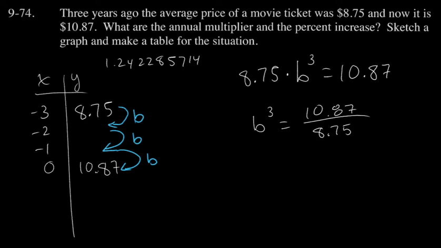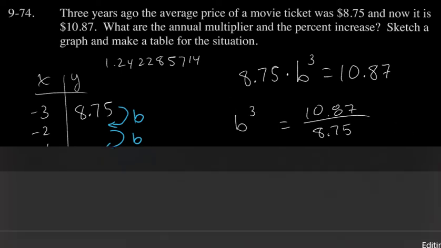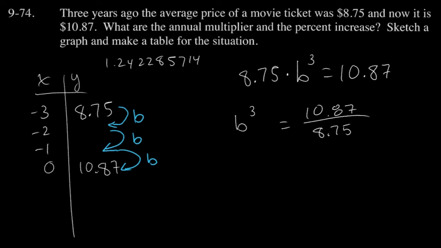Now if I want to figure out what b is, the thing that we've been doing is raising both sides to the 1/3 power. If I leave a little bit more room for that on this side, right, there's b to the third, and I'm going to take b to the third, go away, and I'm going to raise this side to the 1/3 power.